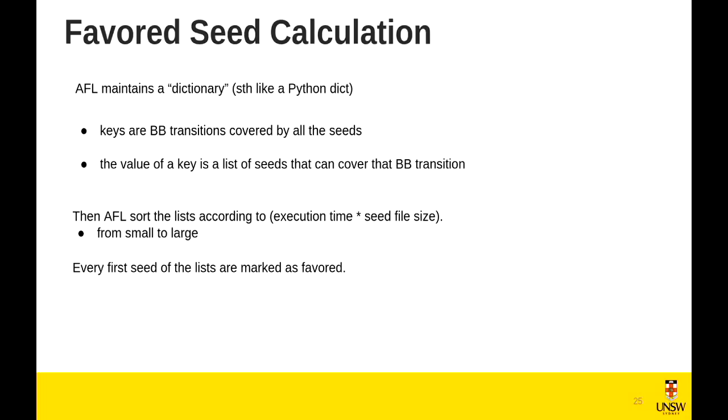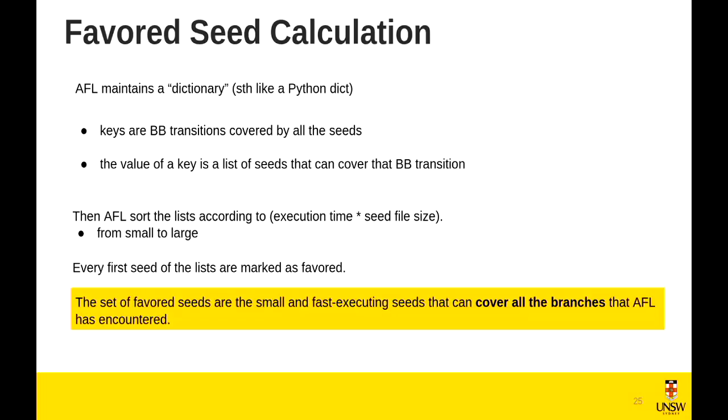Every first seed of each list is marked as favored. So the set of favored seeds are the small and fast-executing seeds that can cover all the branches we have encountered, because we use all the basic block transitions as the keys here.